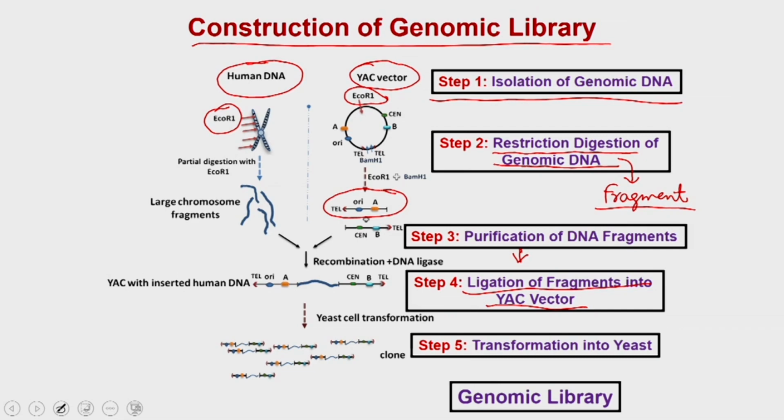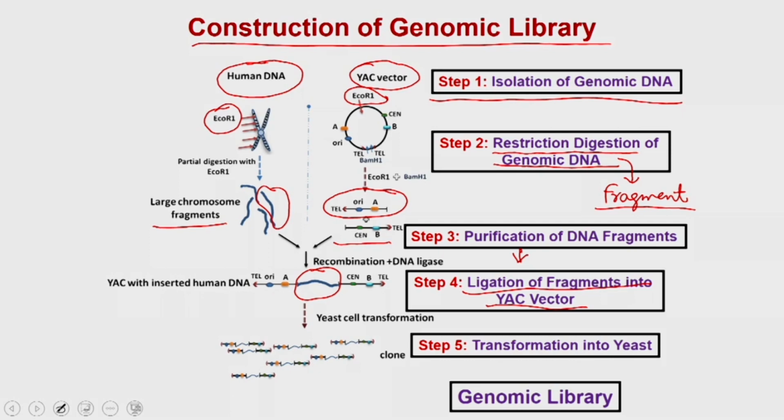Then you take these fragments from the genomic DNA and put them along with the YAC vector for the ligation reaction. All these fragments are going to get inserted into the vector, and then you will do the transformation.